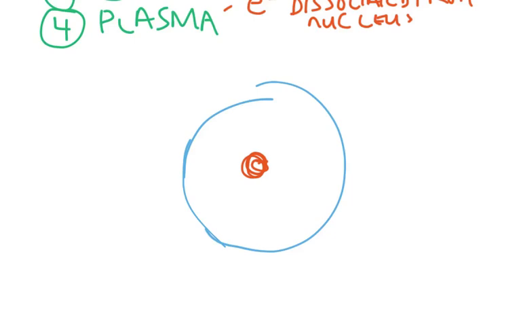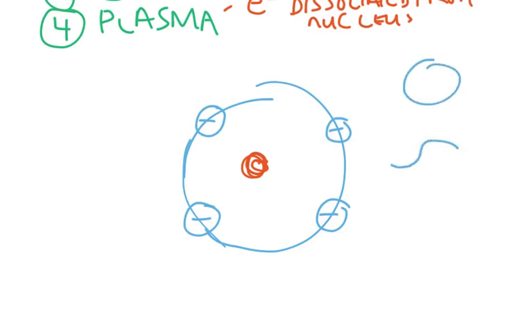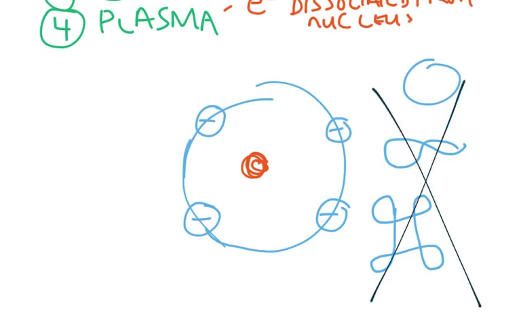Well, with plasma, your little electrons are still here. You didn't lose them, but they're not following that s orbital, that p orbital, okay, that d orbital. They're not following those paths anymore. Instead, they're very much dissociated from the nucleus. So it's like they're just kind of jumping around in their own little pattern.